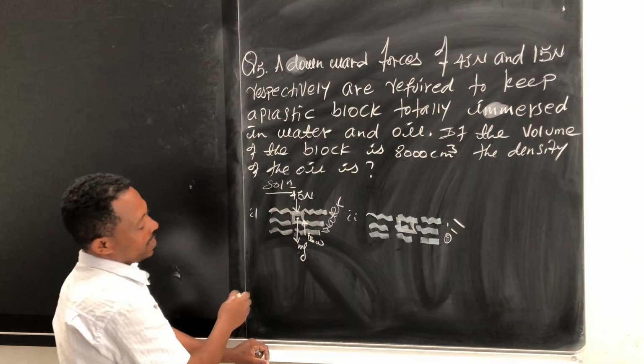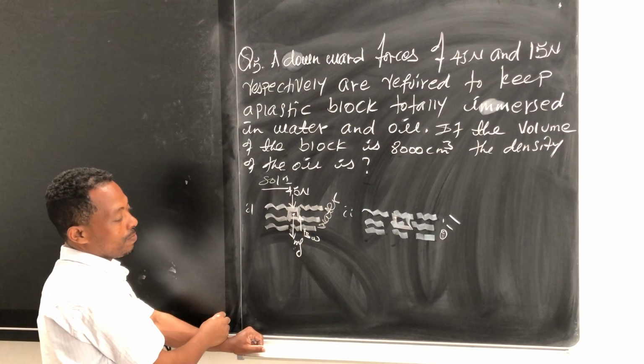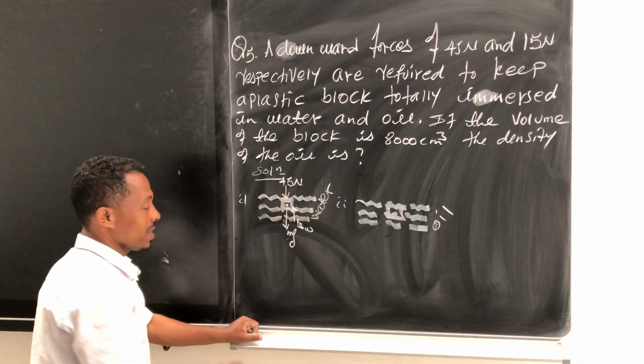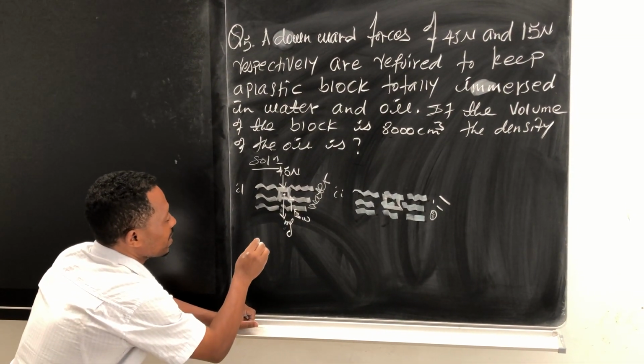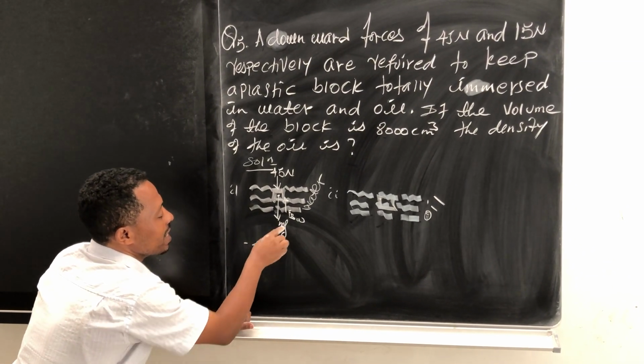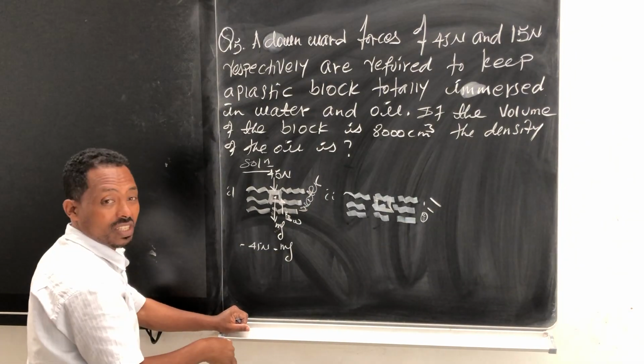If so, look, for this block to stay at this position, the net force should be 0. That means negative 45 Newton and then negative mg. Why negative? Because they are downward forces.